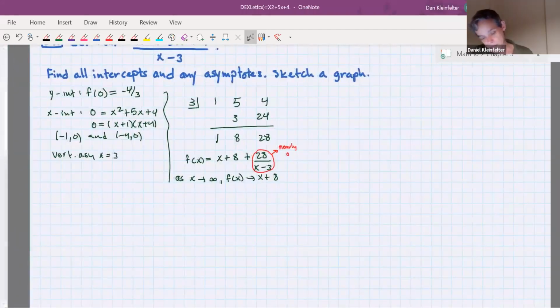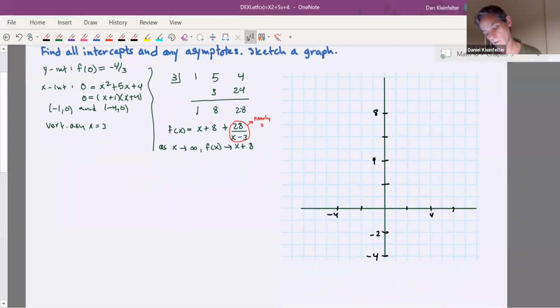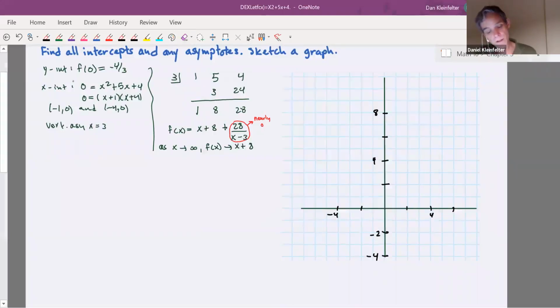All right, so there's enough stuff for us to get started on a graph. So let's go ahead and put down a grid for this. We have x and y intercepts. We have some asymptotes. So let's put down a grid. Okay, so now we've got our grid made, and so we're ready to start drawing our actual graph. So let's put on our intercepts first. So we saw that there was an x-intercept at -1.